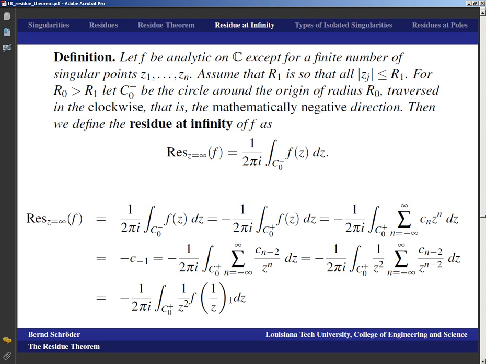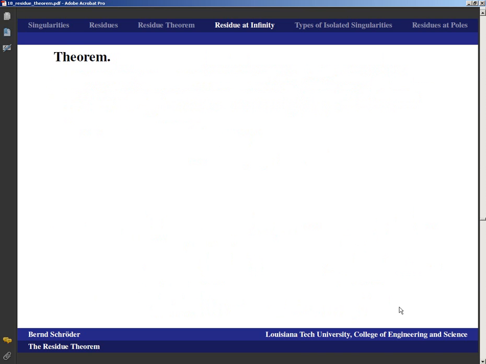But at the same time, we would only need to find the residue of this strangely defined function at 0 in order to get the integral of f of z dz over the positively oriented contour. So that is the negative of the residue of this function at 0.